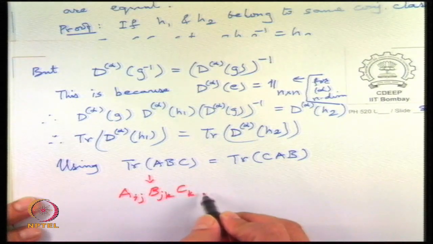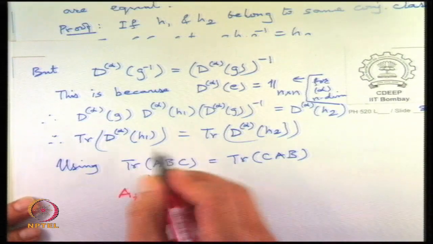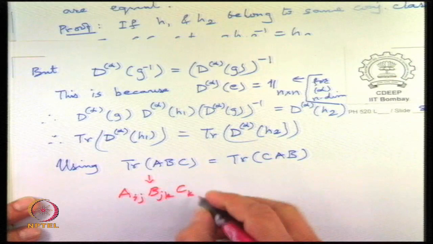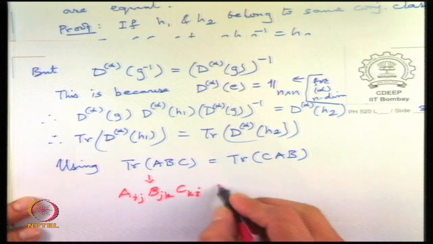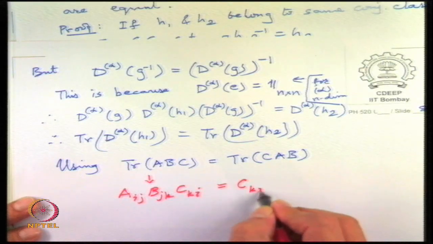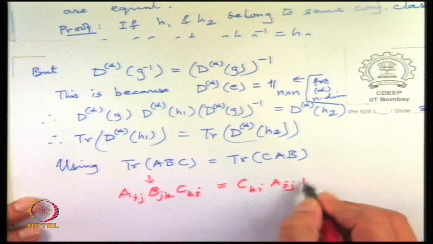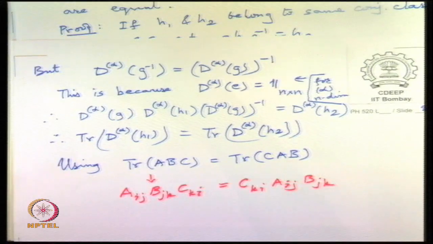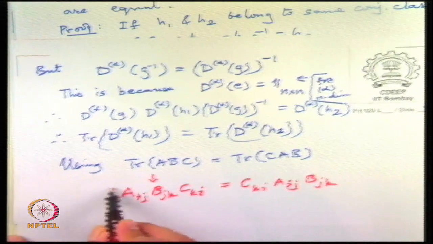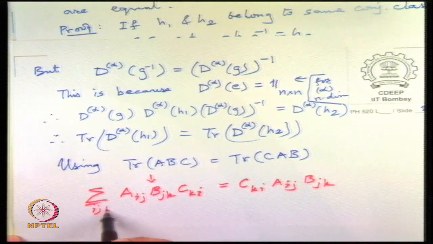But if I am going to trace it, then I have to set l equal to i, because I have to take the trace of this new matrix. So this is nothing but this. But once it is tied up like this, it is equivalent to C_ki, A_ij, B_jk. So we have suppressed the explicit statement of summation, but we can put it in if we like.